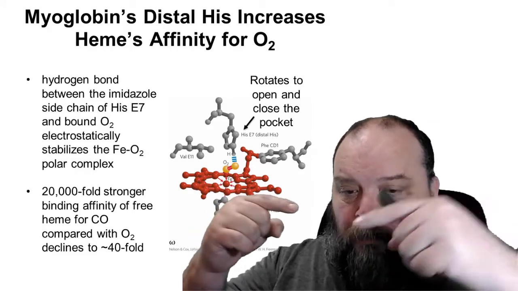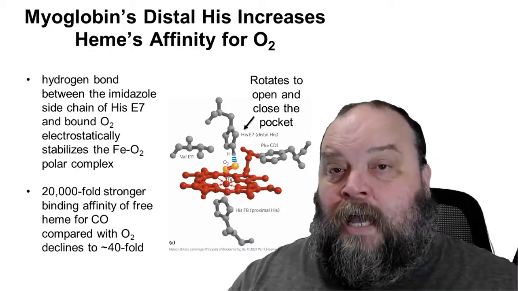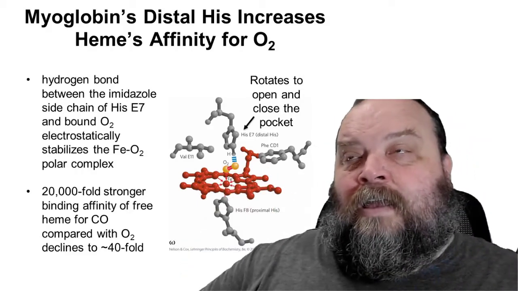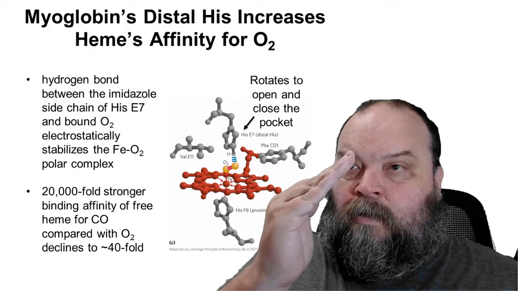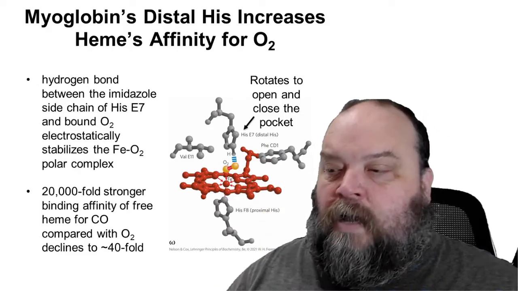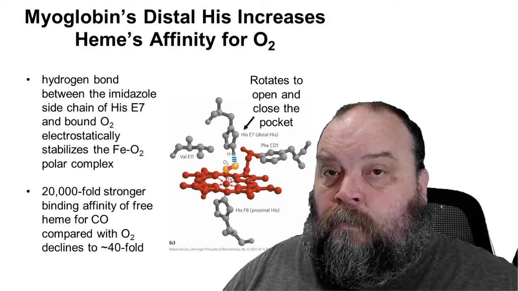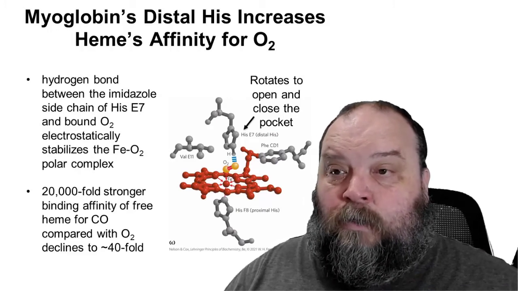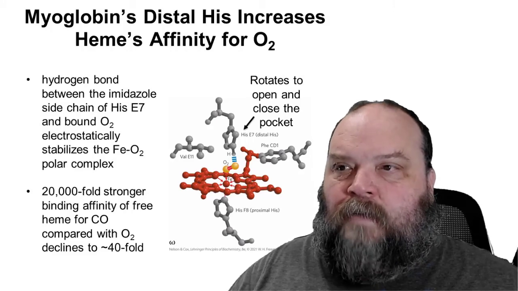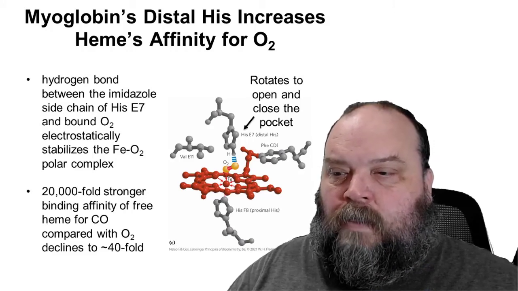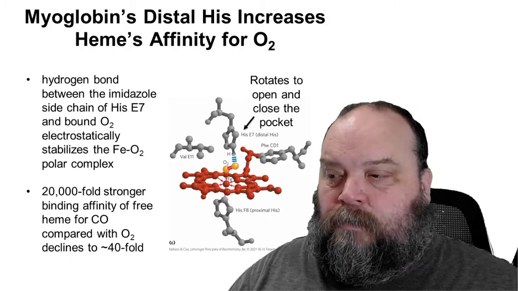Their R groups are pointing into that area where the oxygen will be and are helping in stabilizing that angled interaction. By also all of them being there in close proximity, it's minimizing the interaction of other molecules that may displace the oxygen.